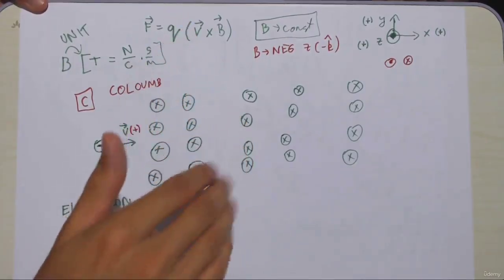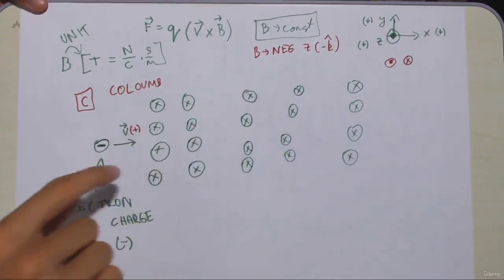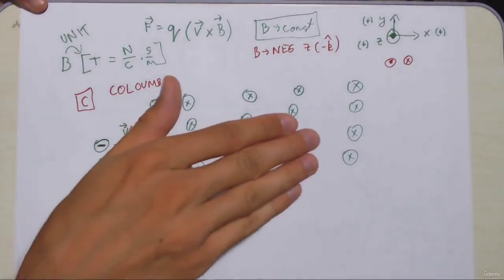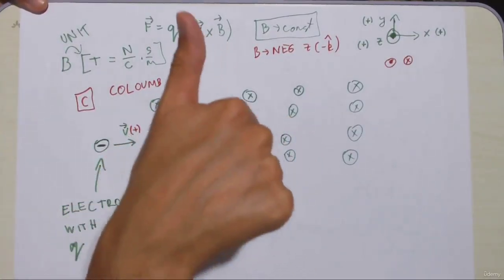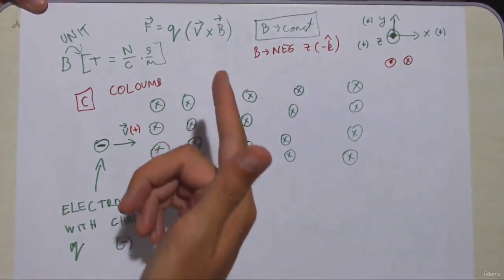So I should have a force in this way, right? So the particle should go in this direction at some kind of velocity, and then the magnetic field will point down, and then the force goes here. So the force should be in this direction, right?